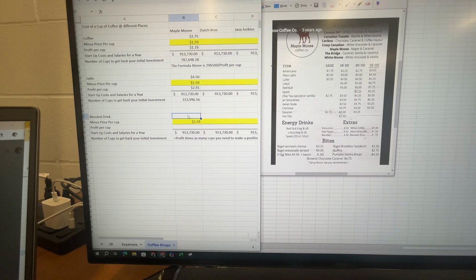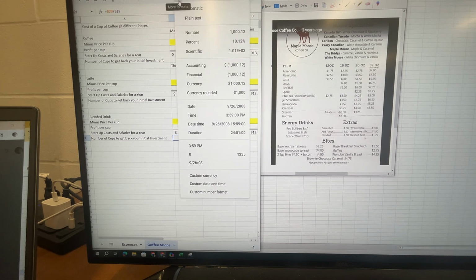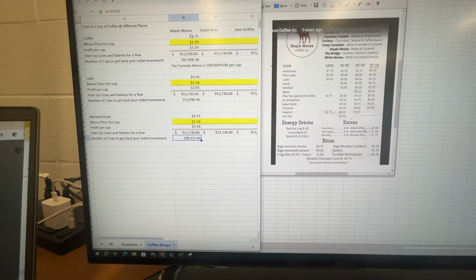So we're going to go $4.75 for that. We're going to do the same formula, equals that minus the cost of the cup. Then we'll go equals the amount divided by the profit. And now we only have to sell approximately 290,000 cups of coffee.